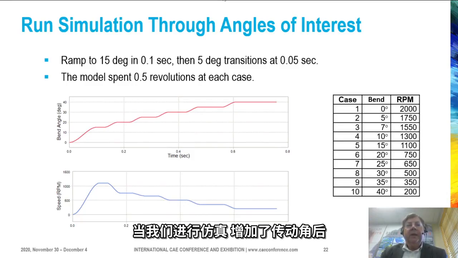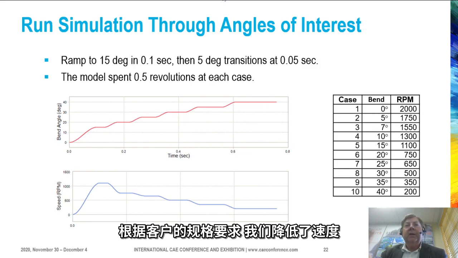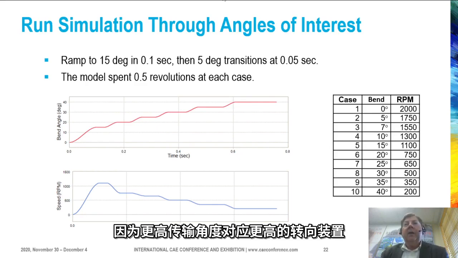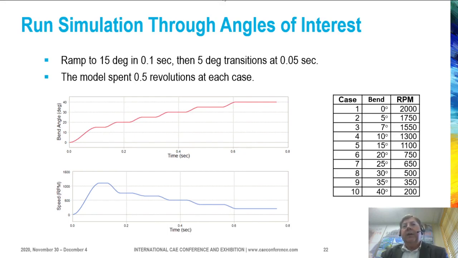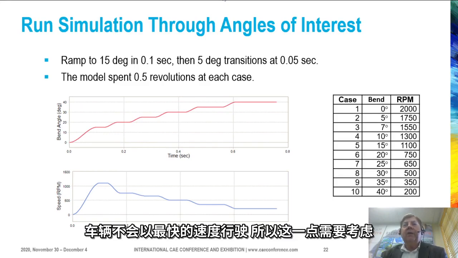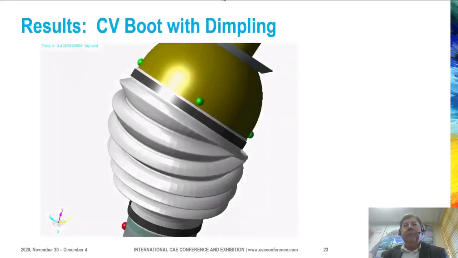And then as we proceeded through the simulation, as we increased the transmission angle, we decreased the speed according to the client's specifications, because the higher transmission angles corresponded to higher steering. And when you have the maximum steering applied, the vehicle is not going to be traveling at the fastest speed. And so this takes all that into account.